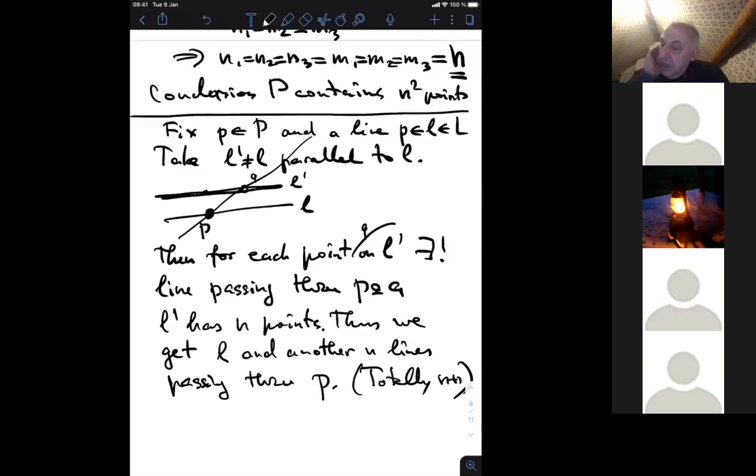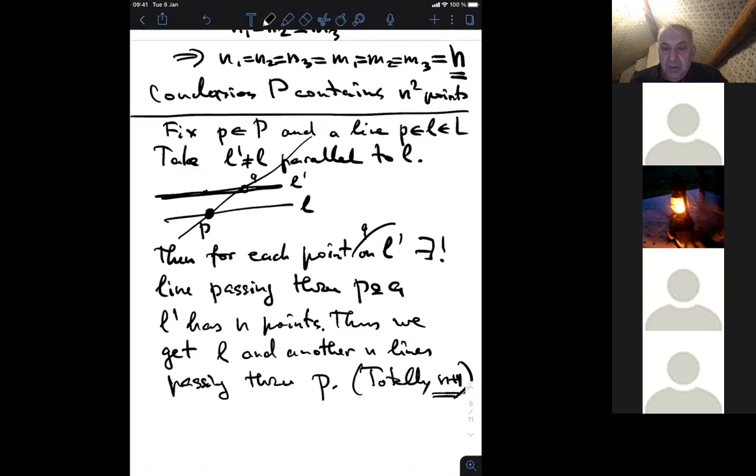In particular, it intersects L prime at some point. But then if this point is Q, it should coincide with the unique line passing through P and Q. So in this way, we have counted all possible lines passing through P, and we know that there are totally n plus 1 such.